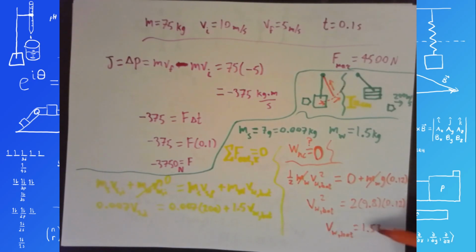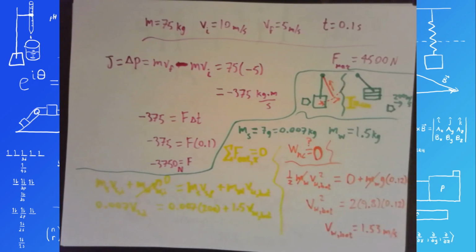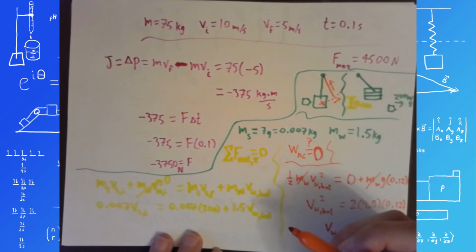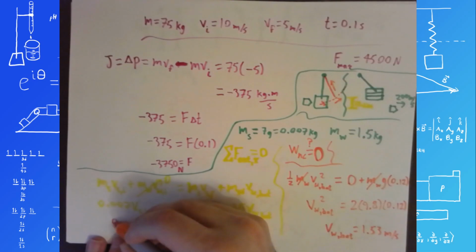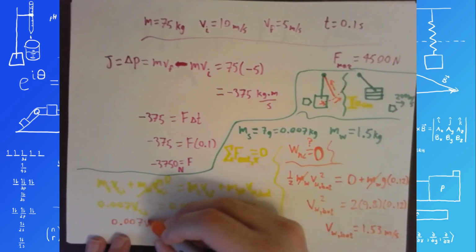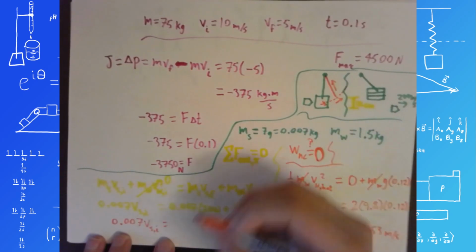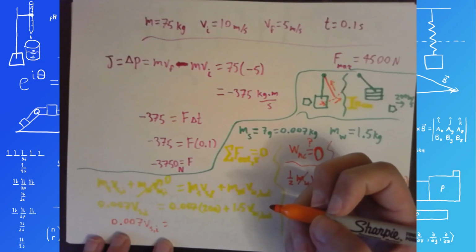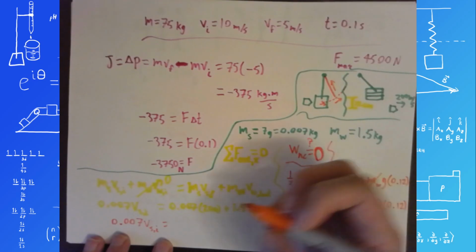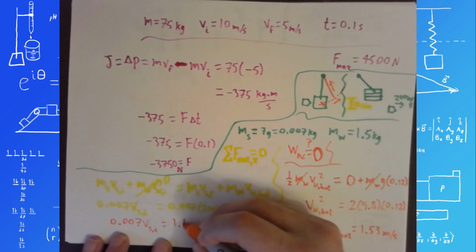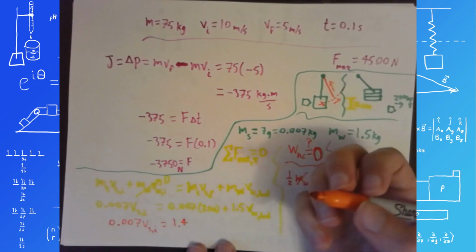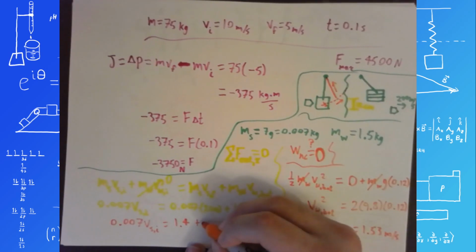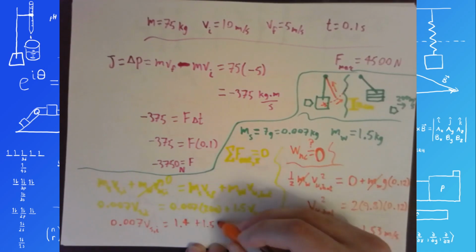Next up, we can plug this in over here. So we can get, let's see, 0.007 V shell initial equals 0.007 times 200 is 1.4, and then plus 1.5 times 1.53.